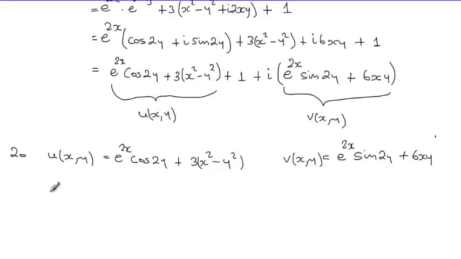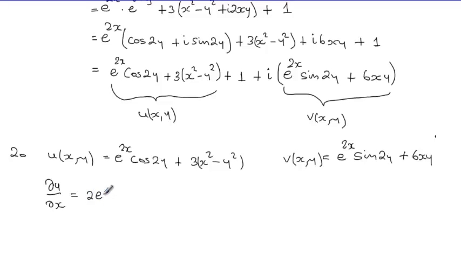Then differentiating partially, delta u, delta x. This is a constant and that is a constant, so differentiating here we get the derivative of the exponential function, which is the exponential function itself multiplied by its derivative, which is 2.